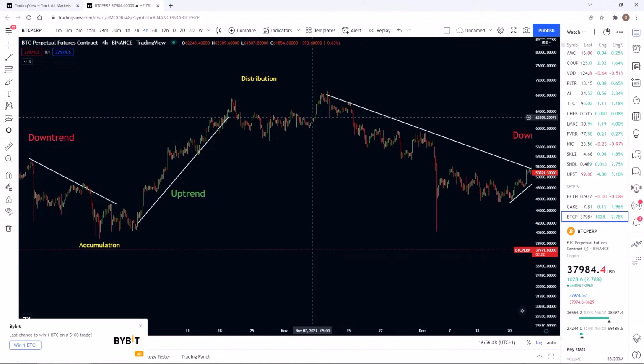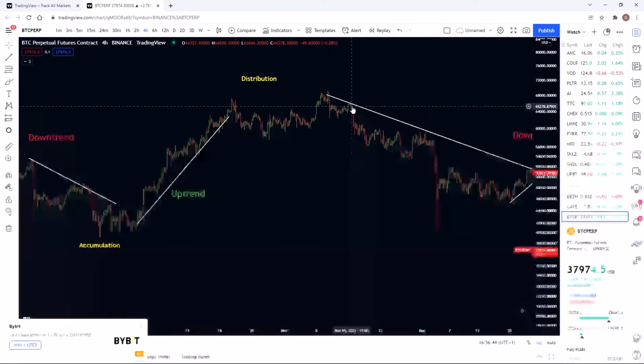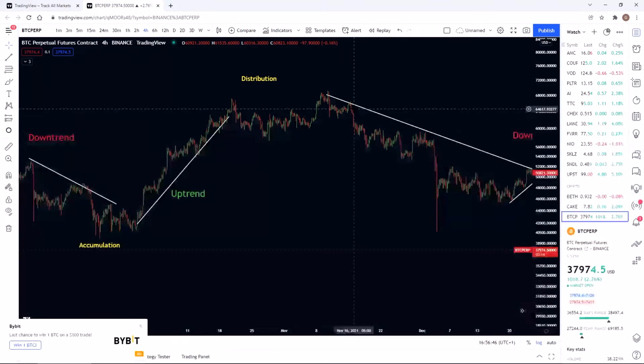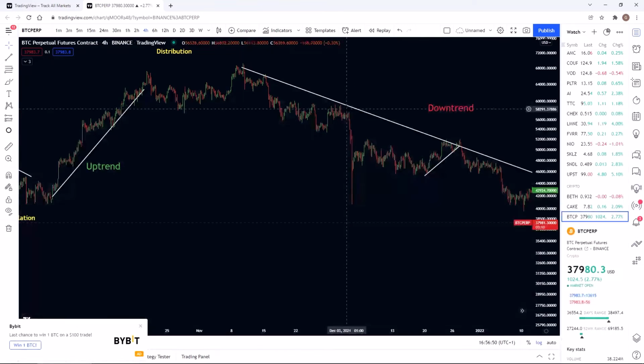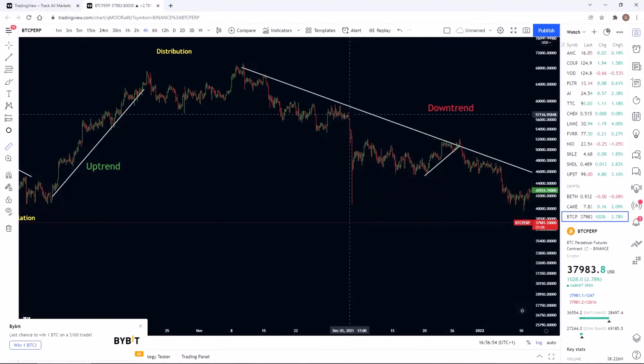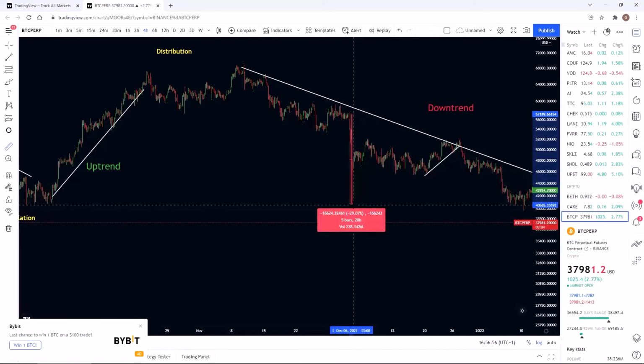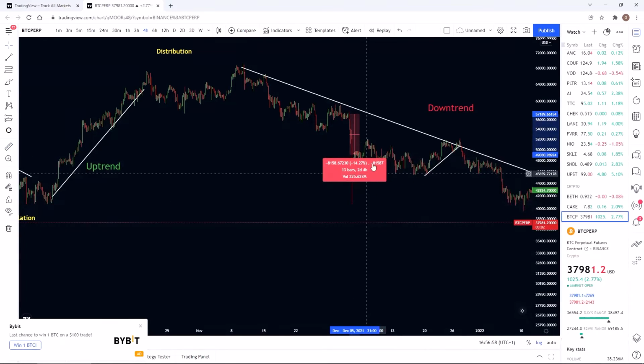It happened here quite similarly as well. You have distribution. You could even call this part distribution as well. And then in a few hours or few days, you have 10-15% drops, it touches the trend line, another 20% drop, something like that. It goes almost minus 30%, but then back to like minus 15.